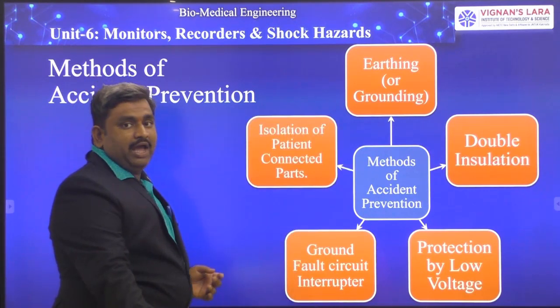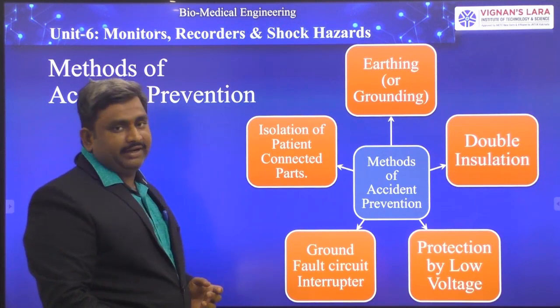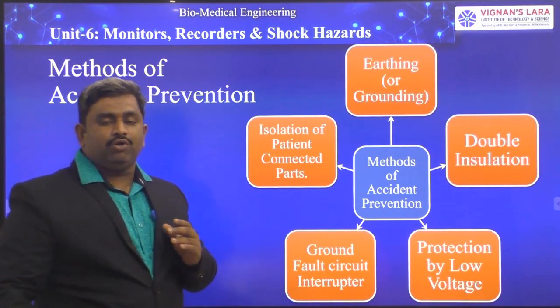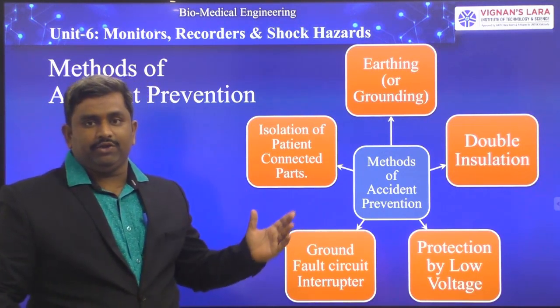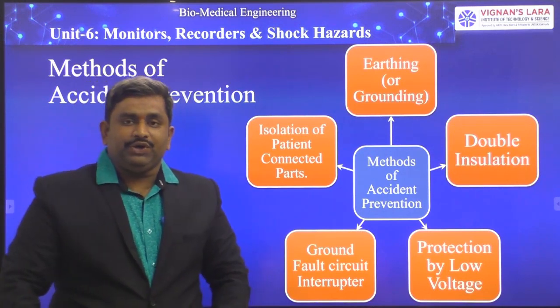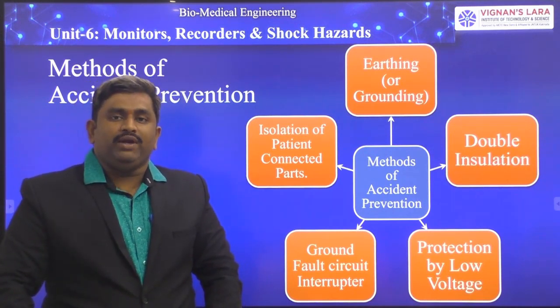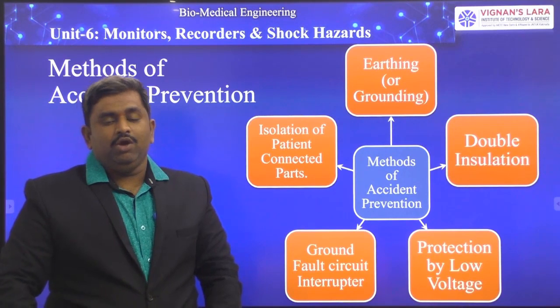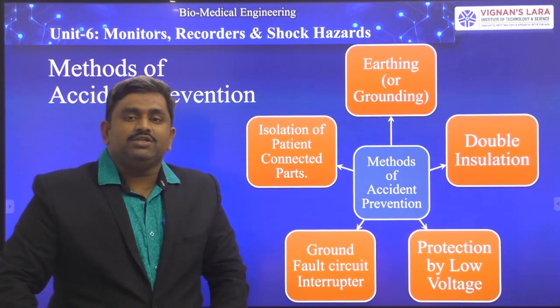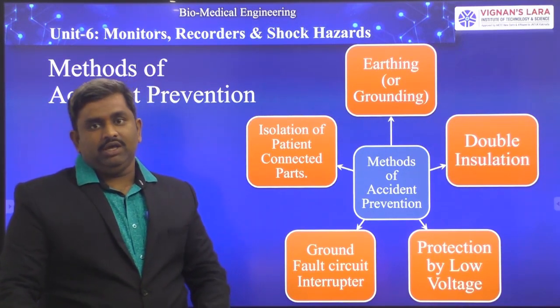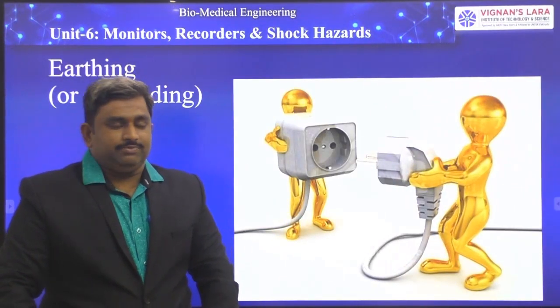And the last one, isolation of patient connected parts. Whichever electronic or biomedical equipment we are using for treating the patient, we have to provide some isolated equipment which will reduce the leakages of electrical current. Let us see this concept.